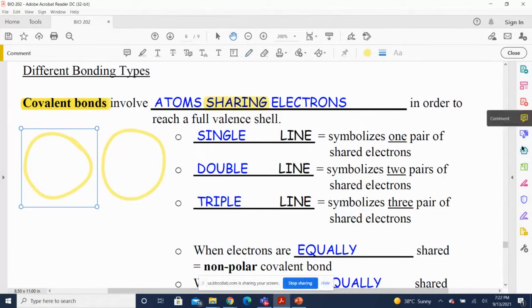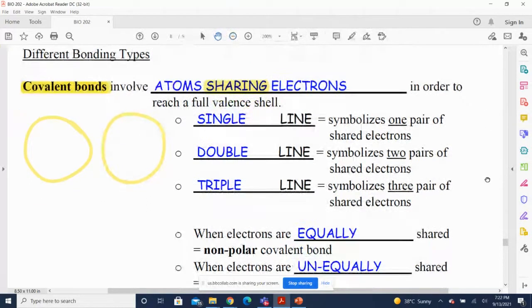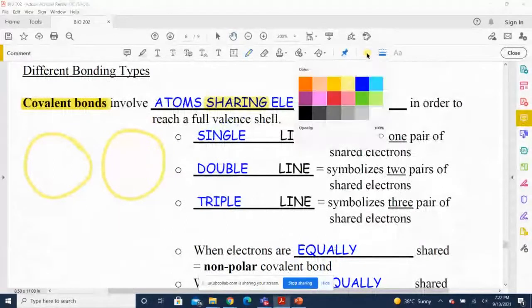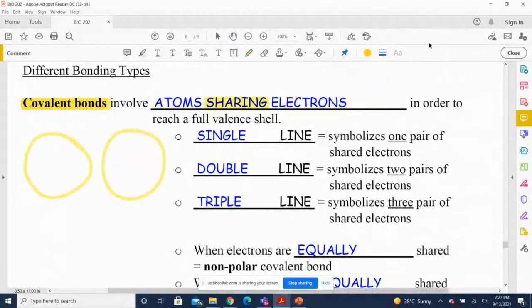And what I wanted to do was to show different kinds of covalent bonds that can happen. So here we have two atoms that I've drawn, and let me get my drawing tools back. If these two atoms end up sharing an electron each, so there's one pair of electrons being shared, when we draw chemical formulas, we typically end up drawing that as a single line between these two different elements.